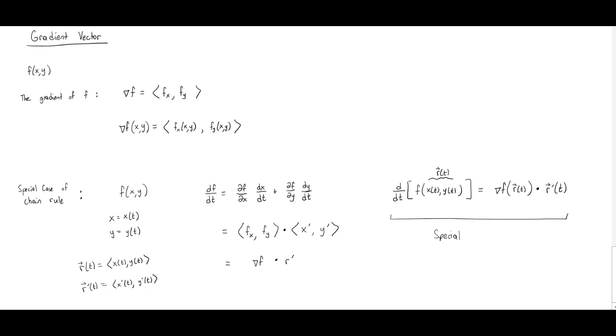So it's a special case where x and y were a function of only one variable. And in that case, we can express the chain rule in terms of the gradient vector. All right, so any questions about that?